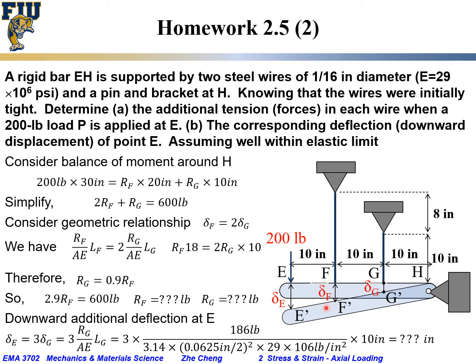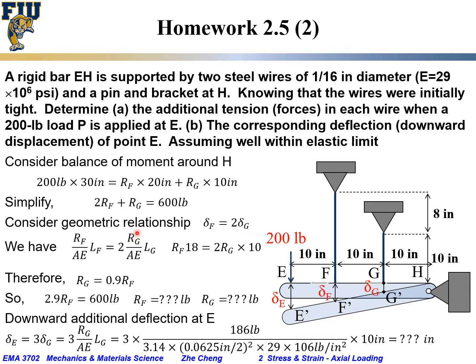Because of this, now let's think what delta F and delta G are. From what we learned earlier in this class, delta F would be force RF over area, the cross-section area for the F wire, which gives us stress, stress over elastic modulus for the wire gives us the strain, strain times LF, that is the initial length, would be equal to 2 times delta G. What is delta G?